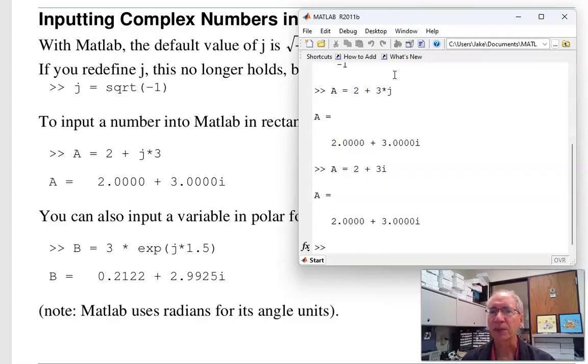MATLAB accepts either way. In polar form, I can input a complex number as the amplitude times e to the j theta. So if I have b is 3 times exp of j times 1.5, that 1.5 is in radians. So it's equal to 3 times cosine of 1.5 radians plus j times sine of 1.5 radians.